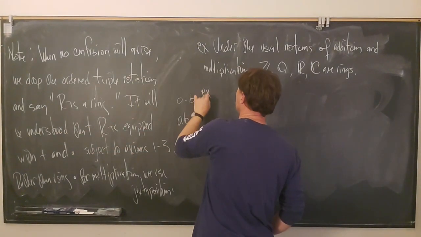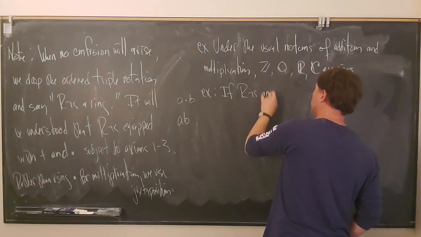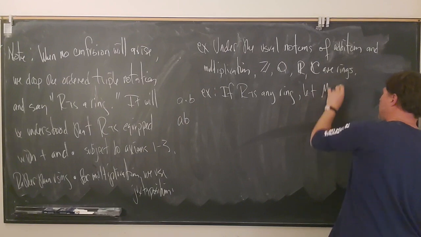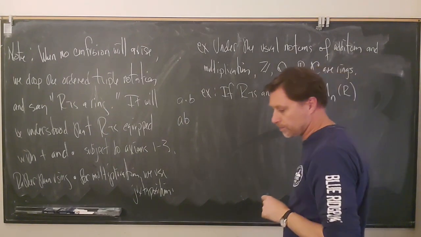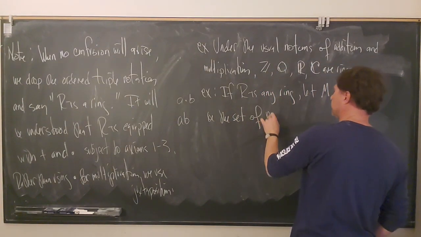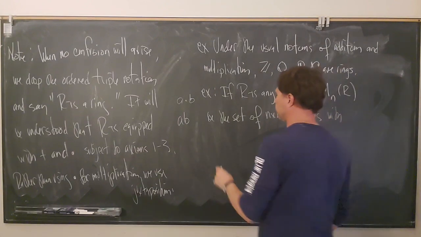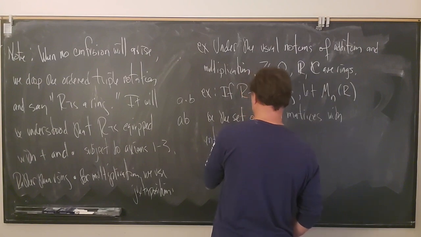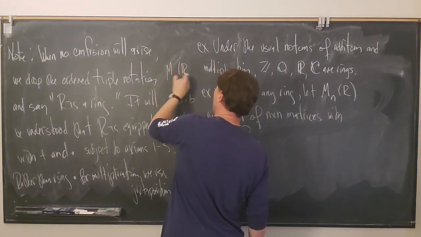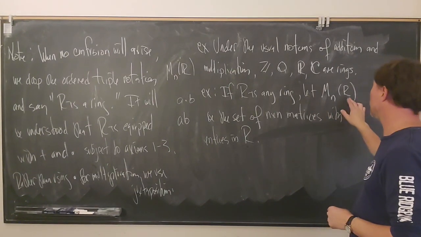Another example: if R is any ring, let M sub n of R be the set of n by n matrices with entries in the ring capital R. Remember, last quarter we did this with M sub n of the real numbers, but it turns out you can form the set of all n by n matrices where, instead of requiring the entries to be real numbers, the entries can be from any ring.